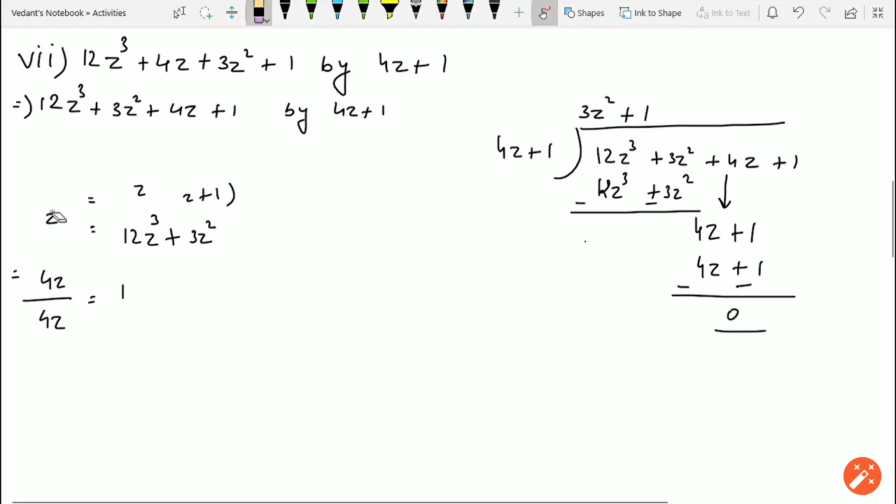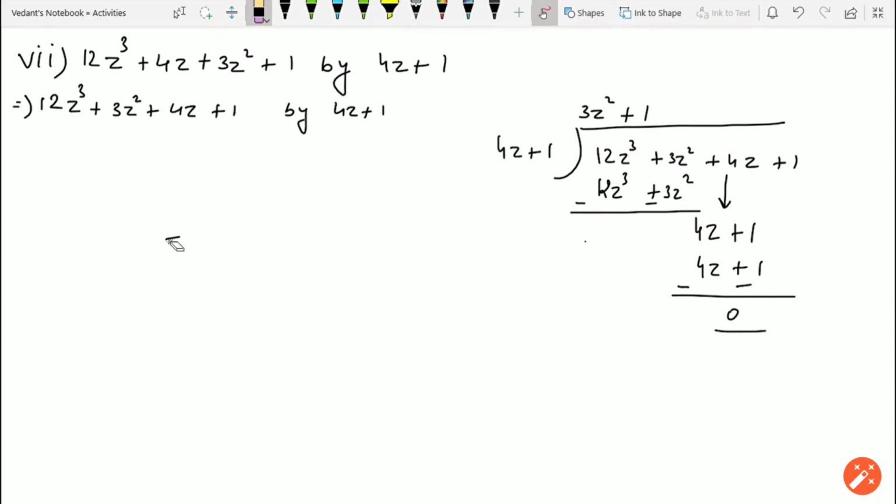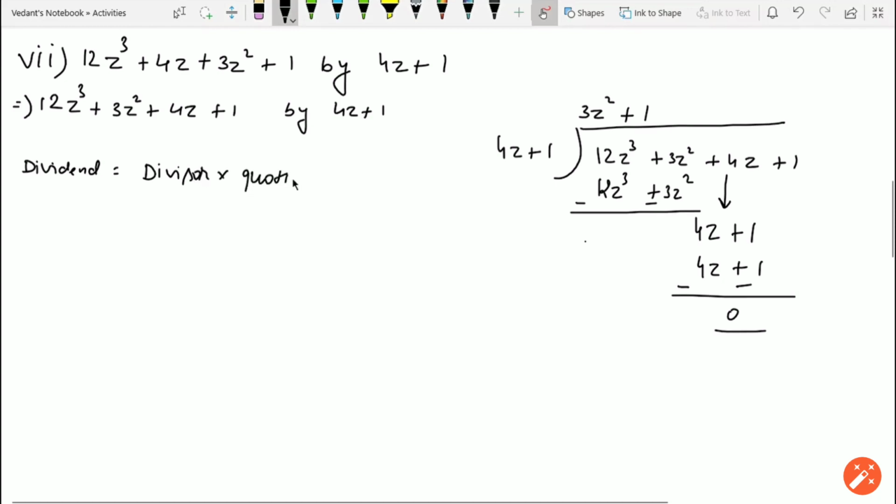Students, now we will check the same thing. Dividend is equal to divisor into quotient plus remainder, is equal to 4z plus 1 into 3z square plus 1.